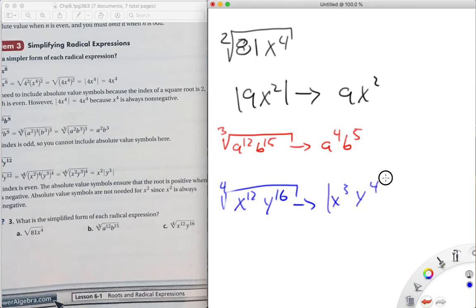I absolute value the whole thing. But since this is an even number, I don't have to worry about it. Since this is an odd number, I do, as a final answer. So this one stays with the absolute value symbol, and then this one can be just y to the 4th, simple.